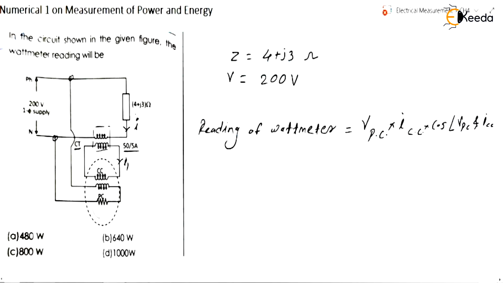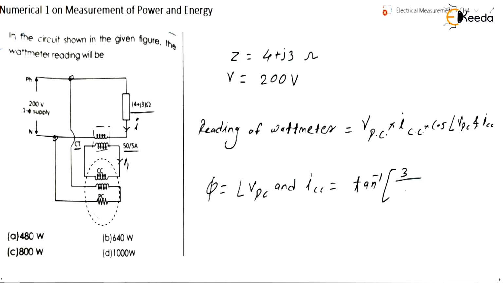The power factor of this circuit is nothing but the angle of this impedance. So we can find the angle phi, which is the angle between VPC and ICC, is equal to tan inverse of XL by R. R in this case is 4. We have the impedance 4 plus j3, so it is like R plus j XL.